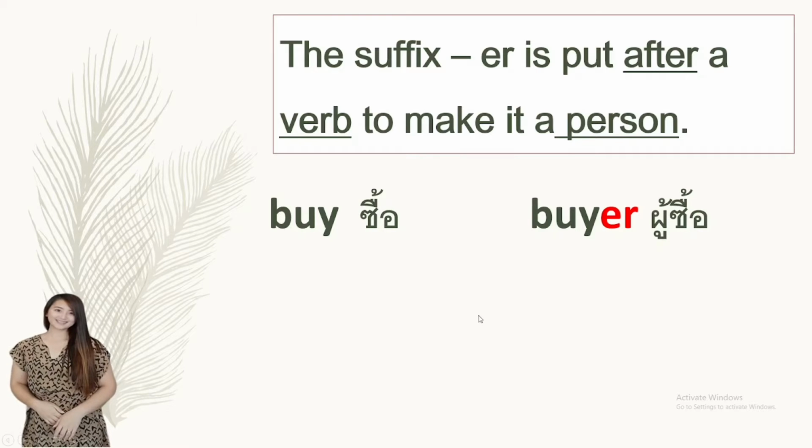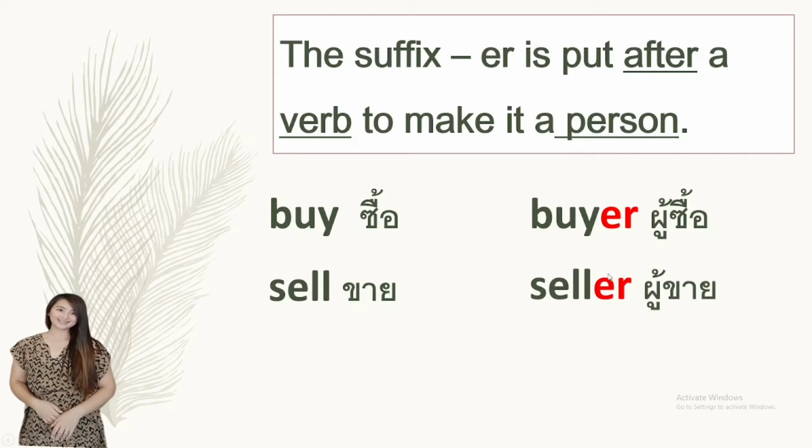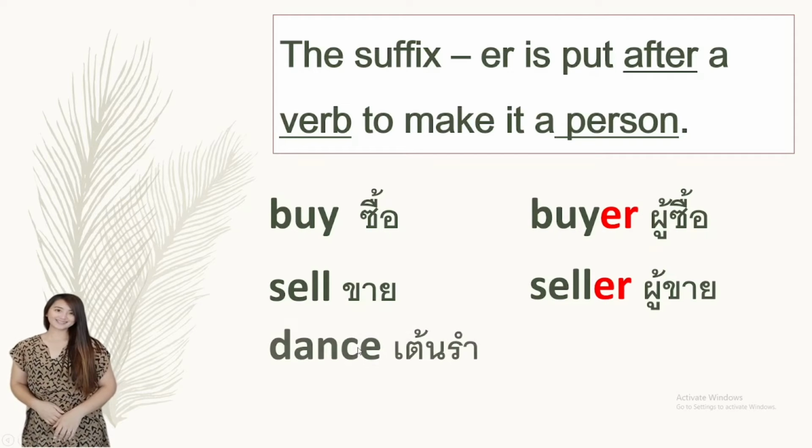Do you understand? Another example, sell. This is a verb, and when we add ER after the verb, it becomes a person, seller. Sell, seller. Another example, dance.